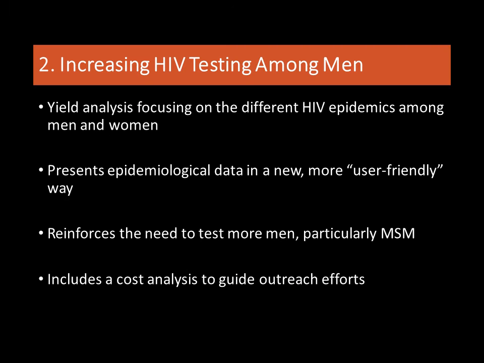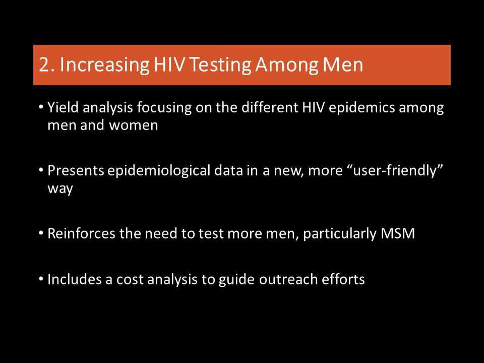So the next thing that I'm going to talk about is the yield analysis that we've done to try to encourage increased testing among men. It's a yield analysis that focuses on the different epidemics among men and women.